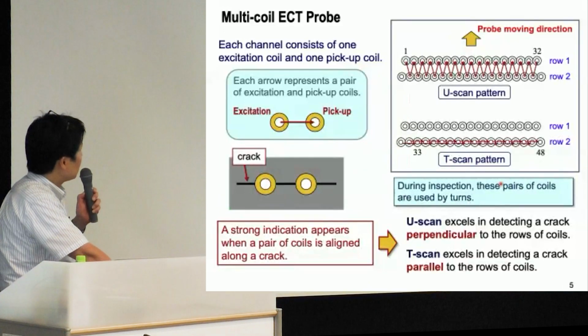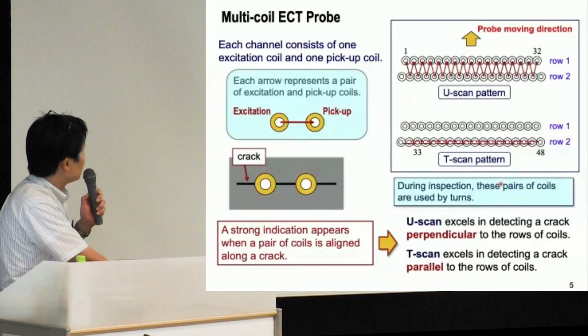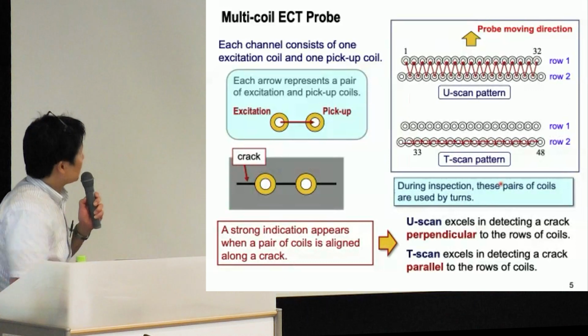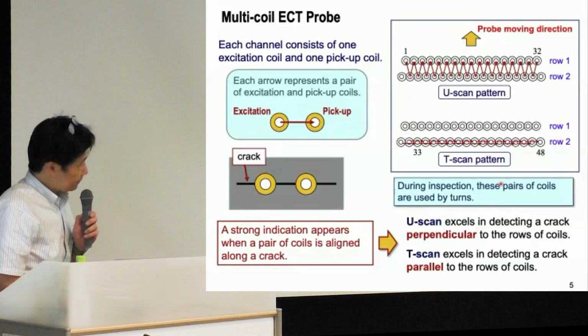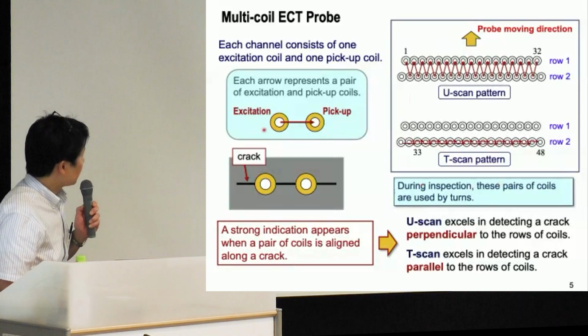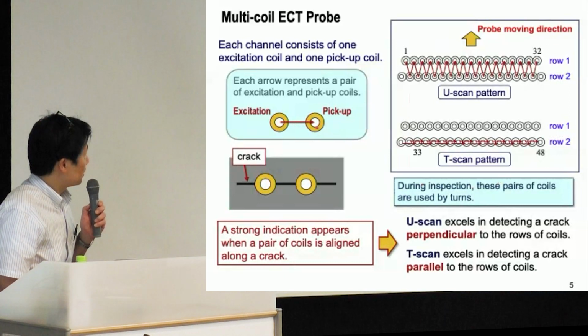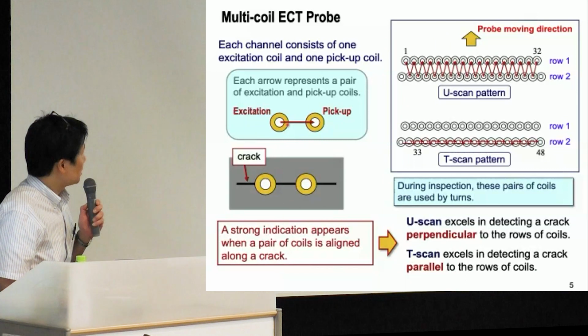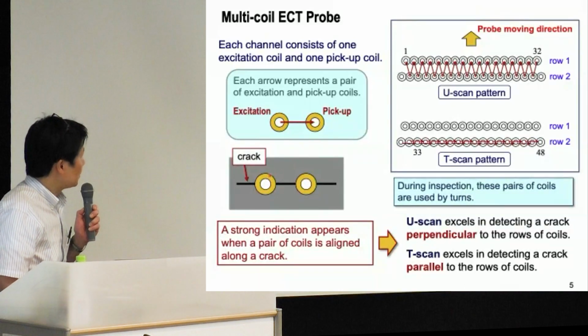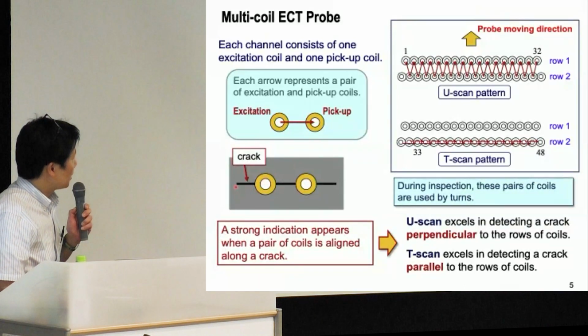And this is a alignment of coil of multi-coil eddy current probe. So a fundamental element is a transmitter receiver type sensor. So this is exciter and pickup. And this alignment is sensitive to crack like this.